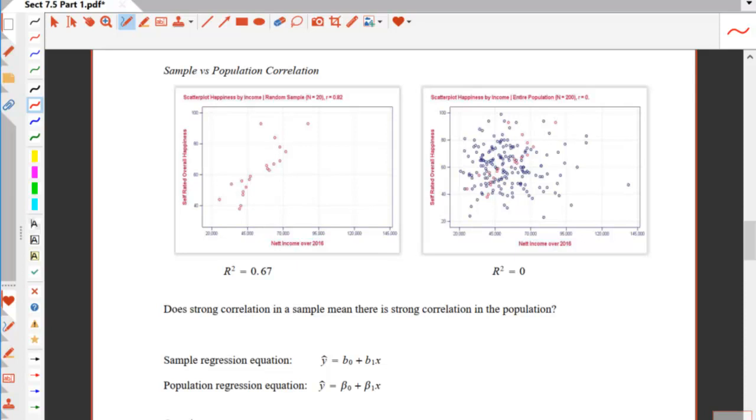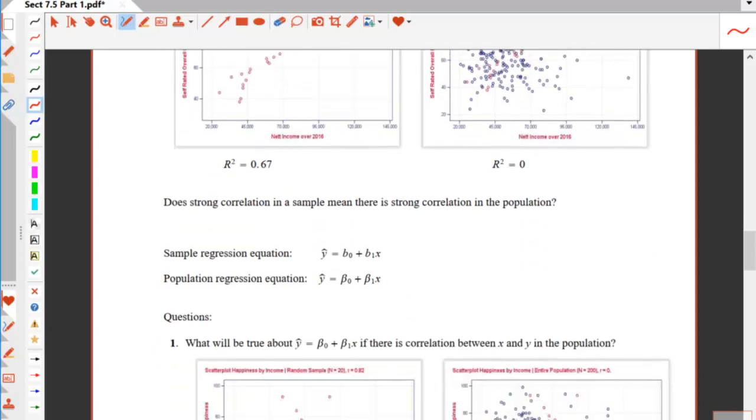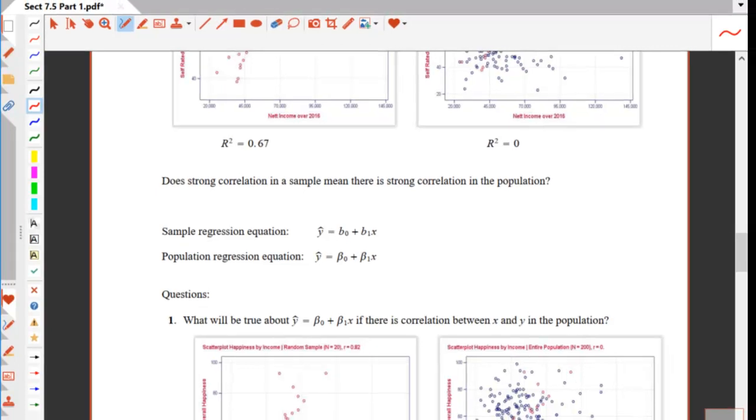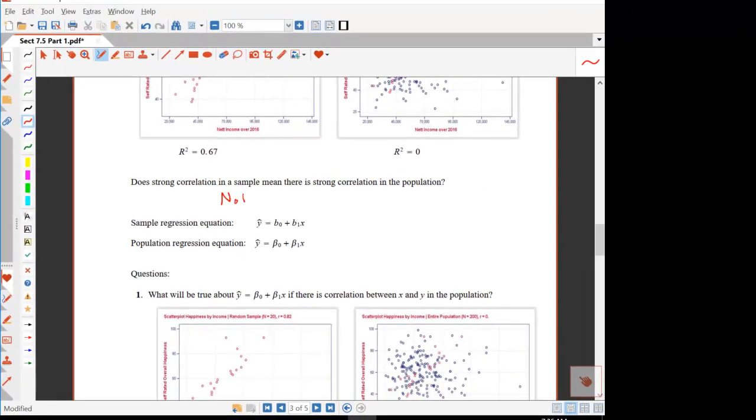Or the other way around can happen too: in a different picture, there'd be a lot of correlation in the population, but just by luck of the draw, my sample would end up looking scattered and circular, and I would not get correlation in my sample, even though it was there in the population. So there's a difference. Does strong correlation in a sample mean there's strong correlation in a population? The answer is neither yes nor no. The answer is not necessarily. We don't know. At least not for sure.